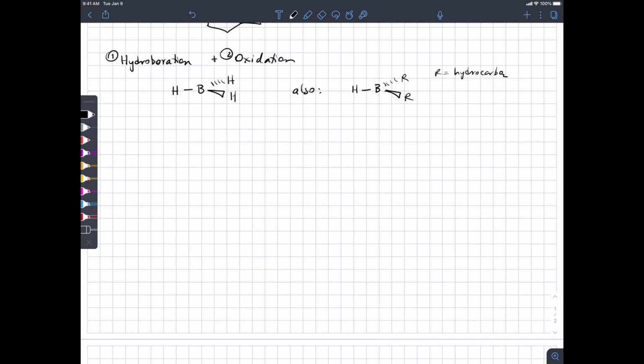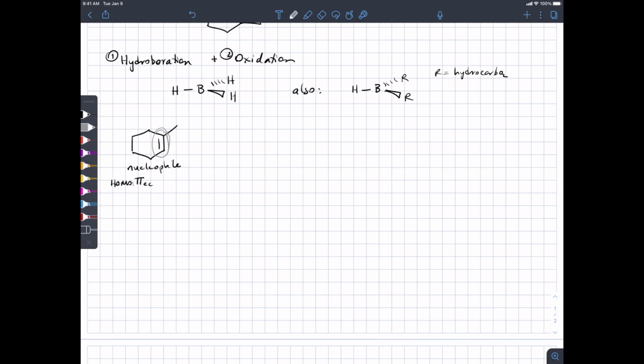Okay, so the players are a little bit different here. However, the considerations are going to be the same. Our nucleophile is going to be the alkene, and we're going to be thinking about the highest occupied molecular orbital, which is the carbon-carbon pi bond.